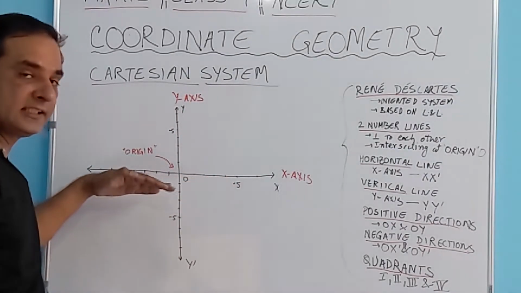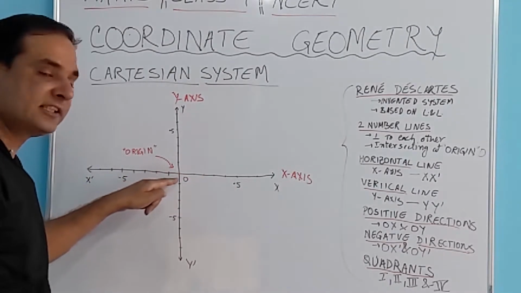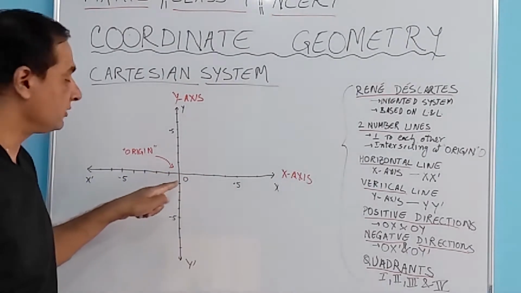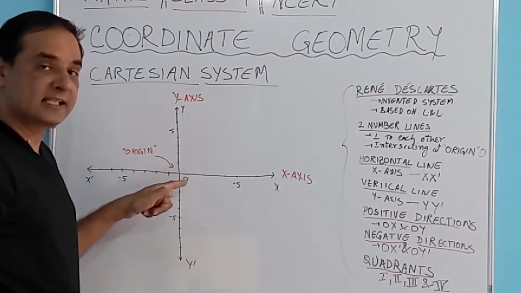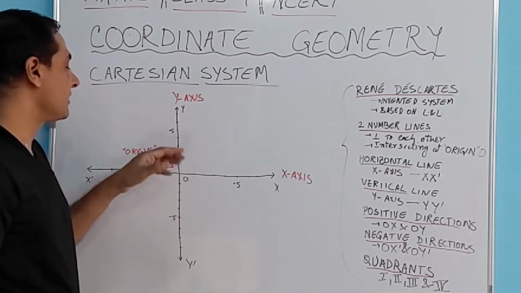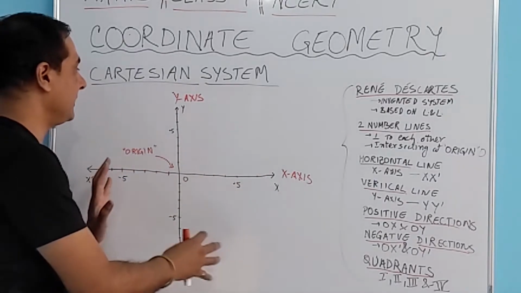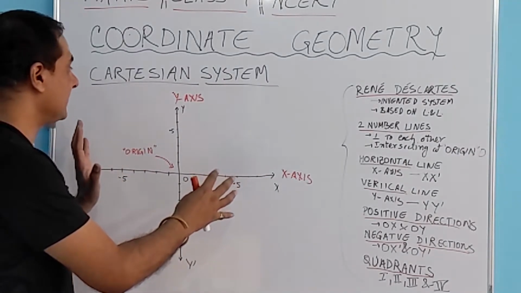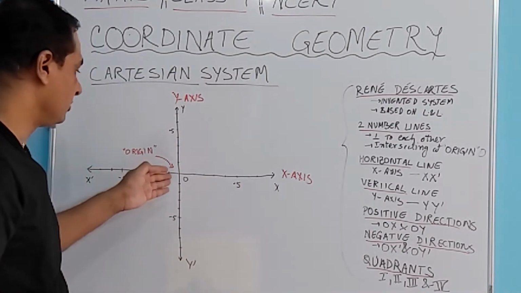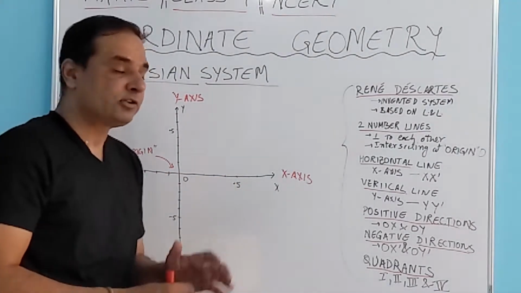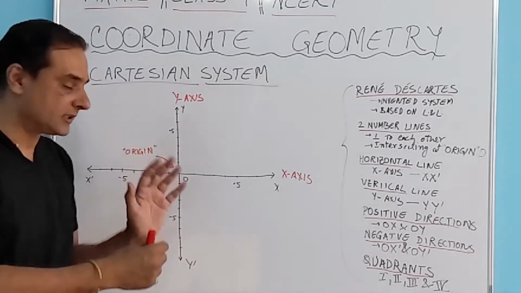This is intersecting the horizontal line at 0. So this point is known as the origin. It is denoted as O. So now we have this plane which is known as the Cartesian plane, where we have a horizontal line, a vertical line, and the origin. Everything looks good. So we need to understand how this works.